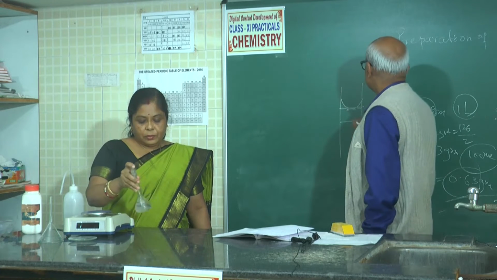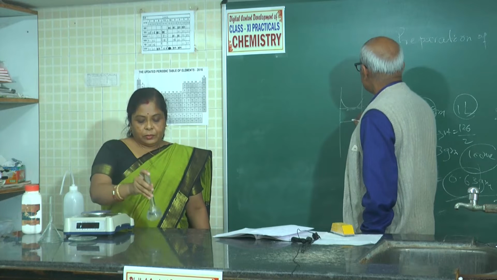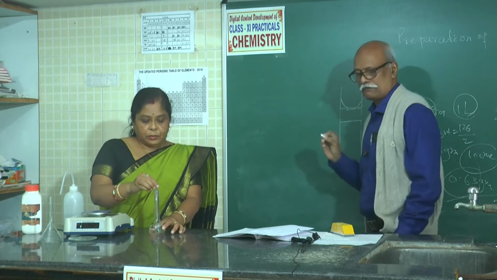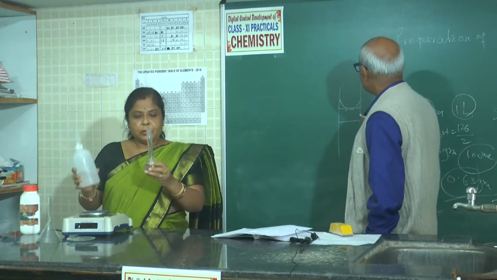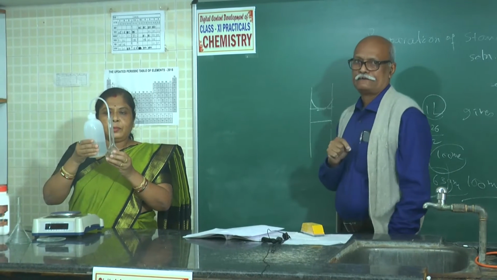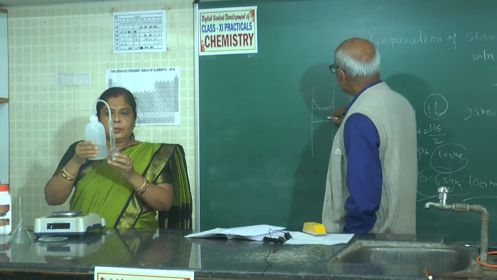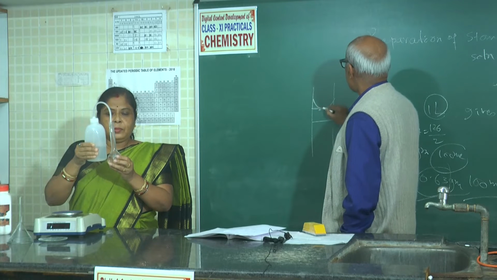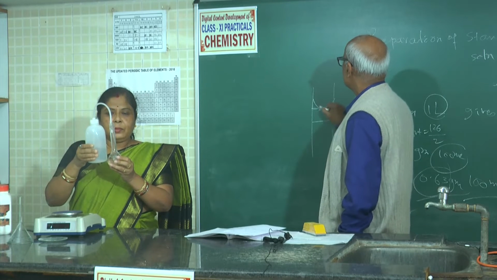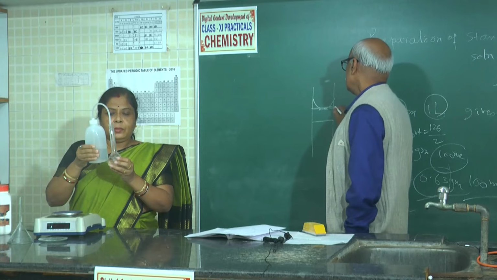Suppose you fill up to this point, from this to this, if you are not so experienced, you can take the help of a pipette. Taking the pipette, you add water dropwise so that the lower meniscus of the water level will touch the mark.